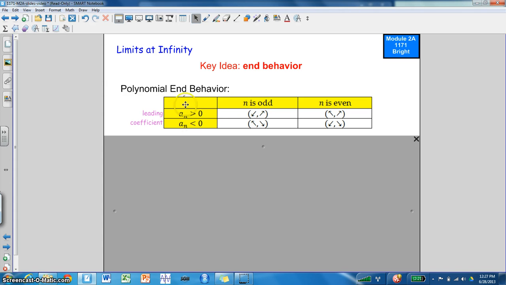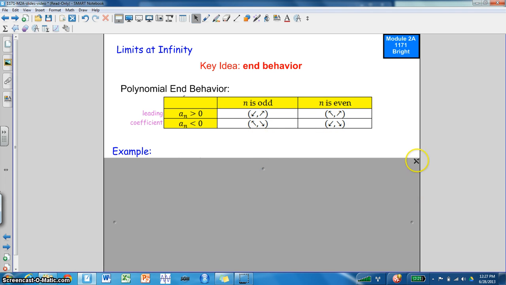For example, if the leading coefficient is positive and the degree is odd, then it decreases without bound as t goes to negative infinity. As it goes further and further left, it decreases to negative infinity, and going to the right, it approaches positive infinity. If the leading coefficient is negative and the degree is even, it decreases in both directions to negative infinity.